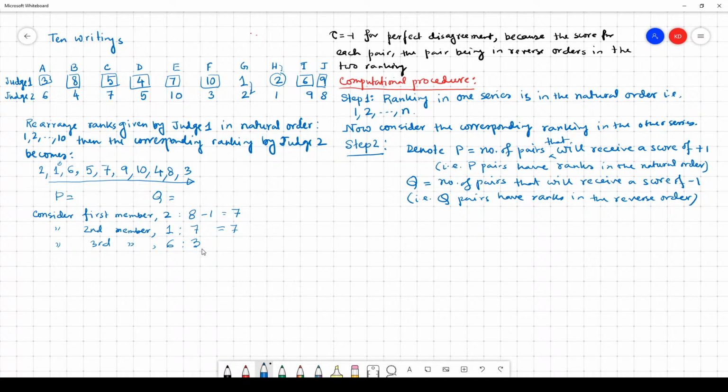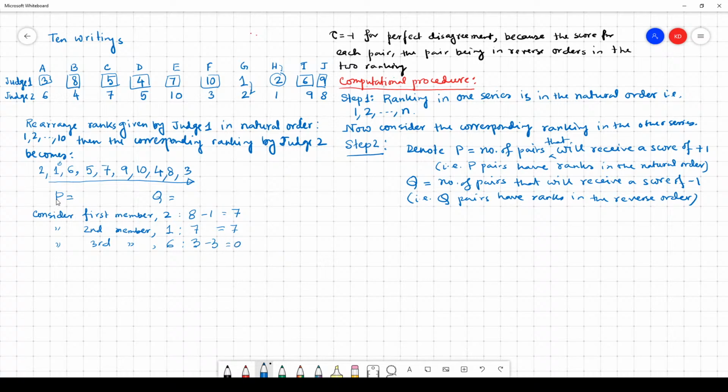And after 6 there are 1, 2 and 3 members which are less than 6. Okay, am I right? So the total score is 0.